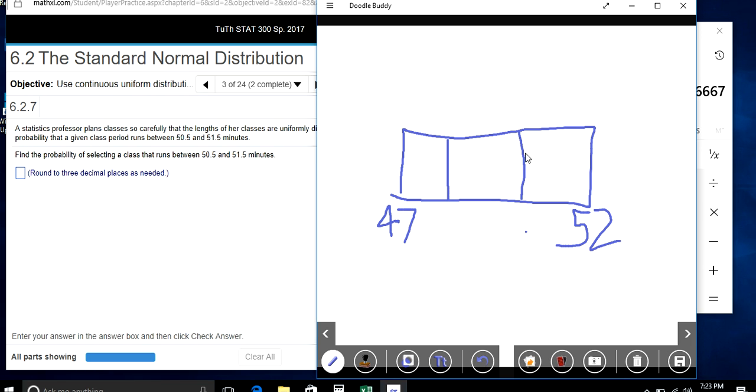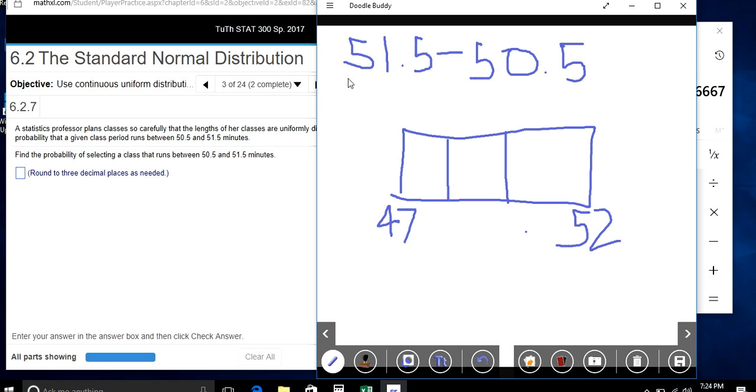To find the distance between them, we could do it a couple ways. The way I am going to do it is to find this piece right here. So I'm going to just do 51.5 minus 50.5.